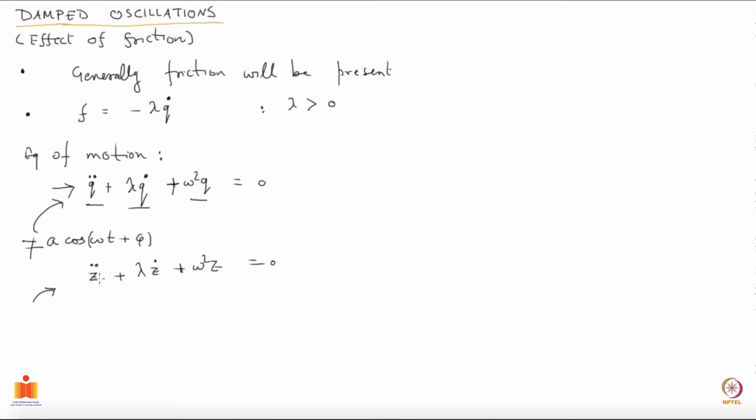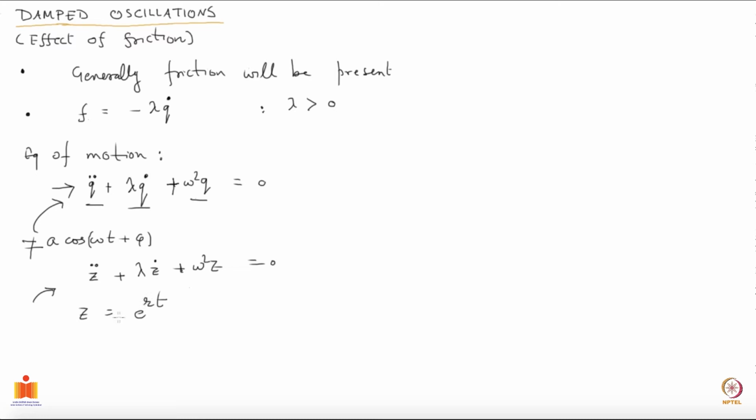Now this one is good because z equal to e to the r t will be a solution as far as the time dependence is concerned. This will work because no matter how many times you differentiate z with respect to t, you still get the z back in addition to some factors which are not functions of time. That's why this trick is going to work.